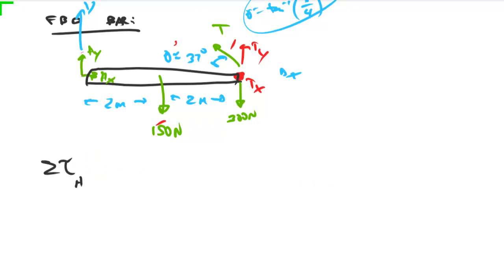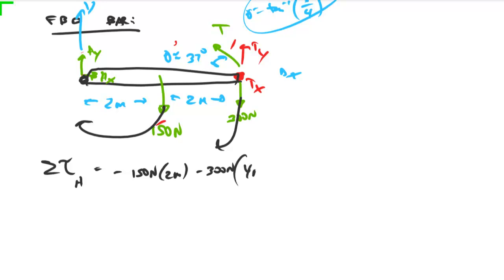So taking the sum of the torques around this hinge right here, this is equal to, I have 150. This is going to be clockwise, right? So this is negative 150 newtons times 2 meters. And then I have the 300 newtons, that's also clockwise, so minus 300 newtons times 4 meters. This was 4 meters there.